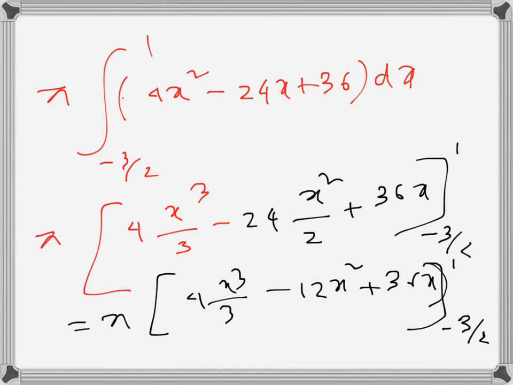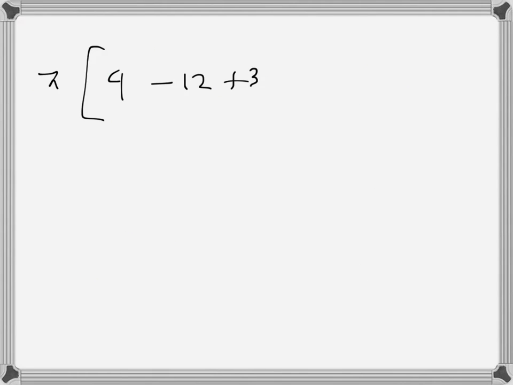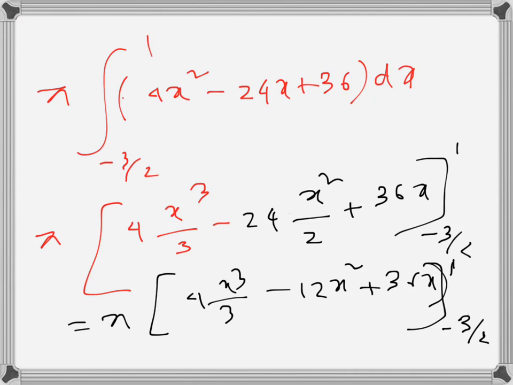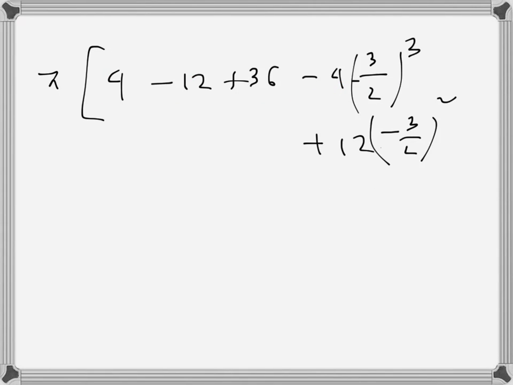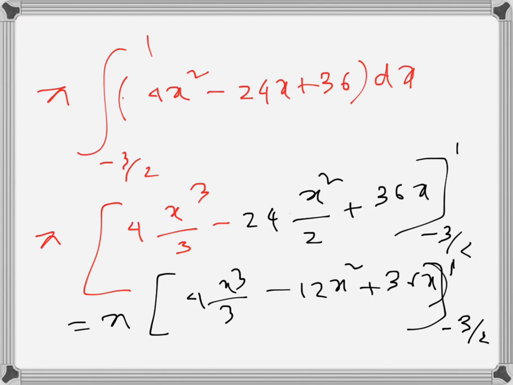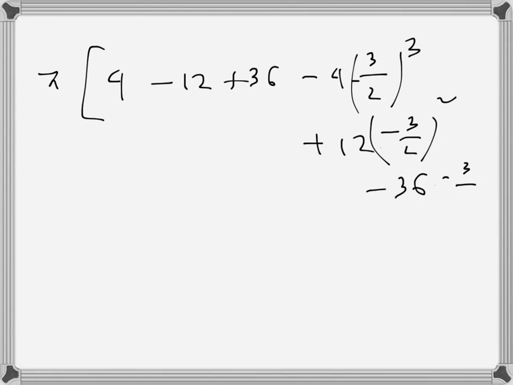So this is becoming 4 over 3, then minus 12, and then plus 36, that's with the 1 here, and then it will be minus 4 over 3 times minus 3 over 2 cubed, then plus 12 times minus 3 over 2 squared, and then finally minus 36 times minus 3 over 2.